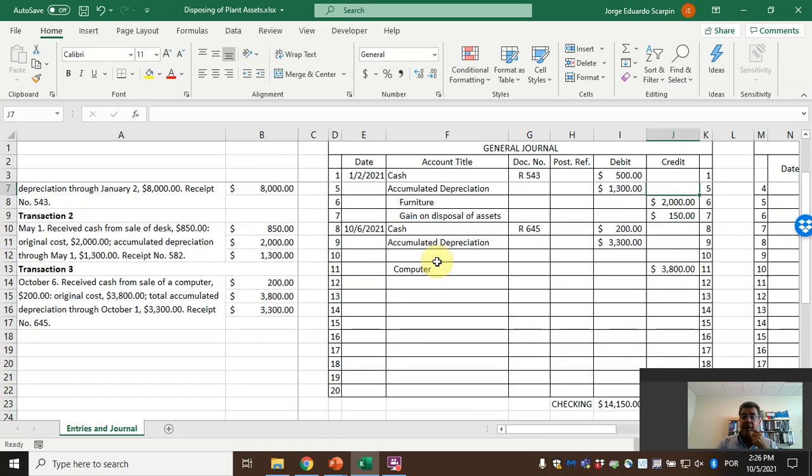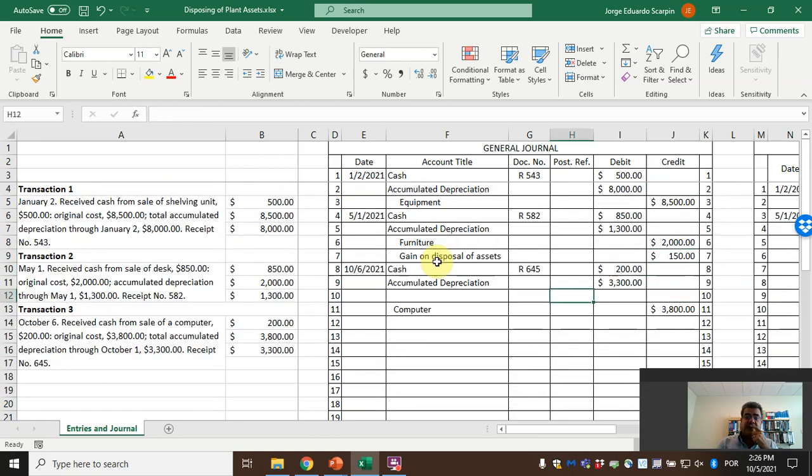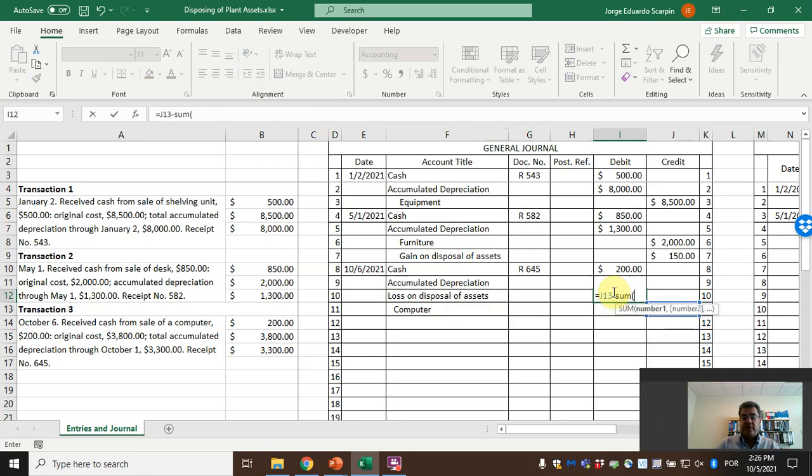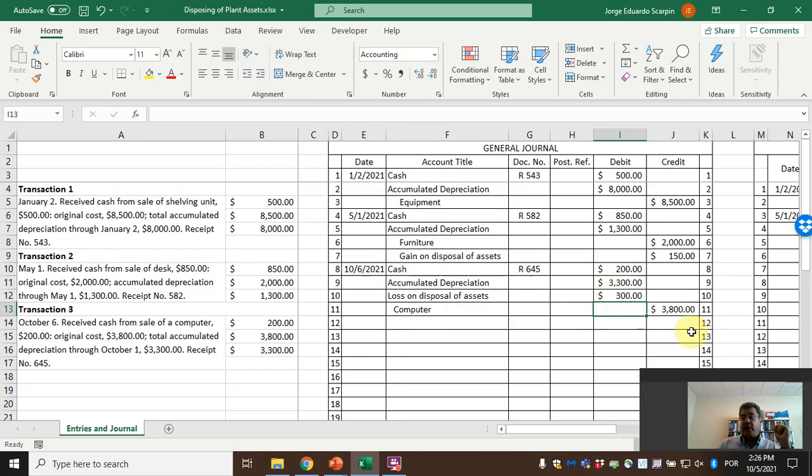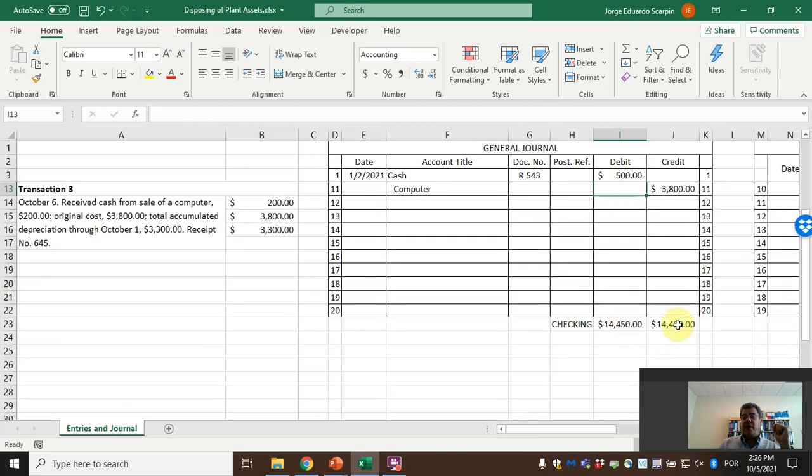Here we need a debit. So if the credit is gain on disposal of assets, the debit is loss on disposal of assets. And here, how much is the loss? Credit minus the sum of debits. $300. And now our debits and credits are good.